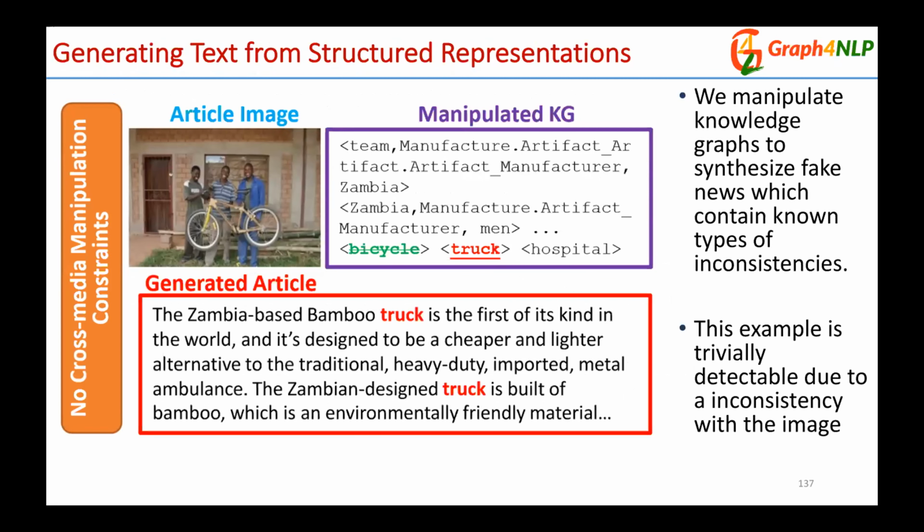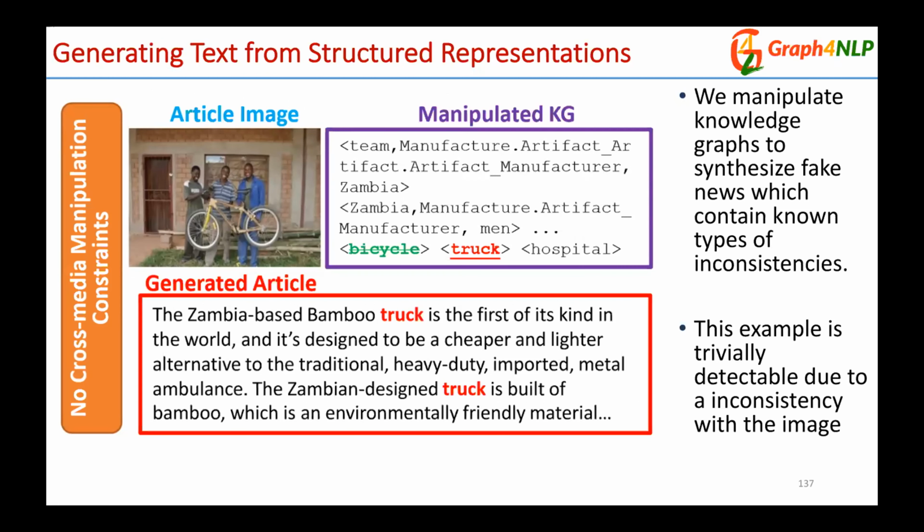So one thing here we need to notice is that if we simply replace all the entities, we might generate a too easy document, which means it's really easy for human or machine to detect. And we don't want that kind of training data, because if you train a detector from easy training data, your detector will not be robust to detect the difficult ones. So we try to avoid that by not touching any entities that are already grounded in the images.